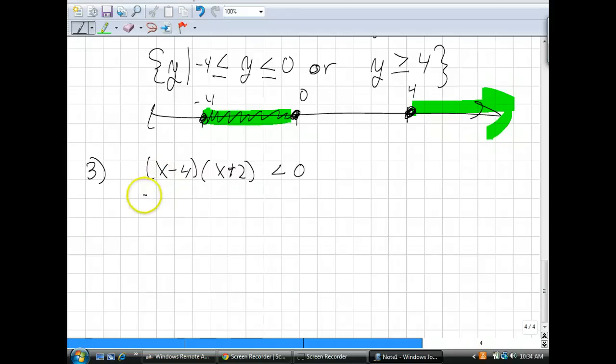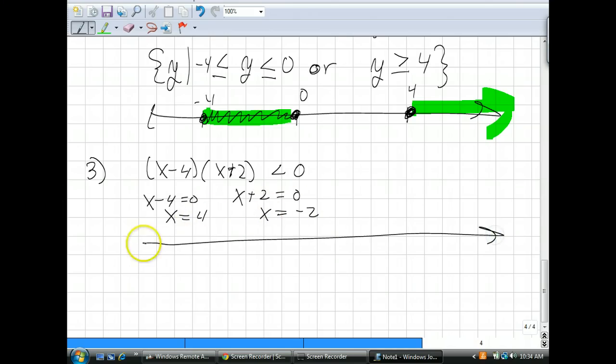Next step, set each factor equal to 0, and the purpose of doing that is to find what we call our critical points. So in this case, I get critical points of 4 and negative 2. So here's negative 2, 0, here's 4. So negative 2 and 4 are my critical points.